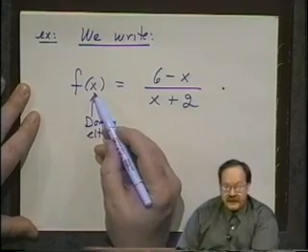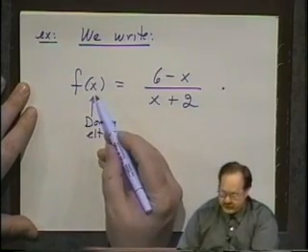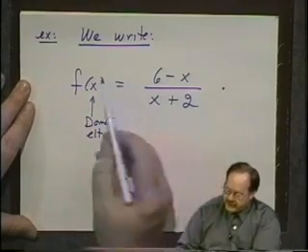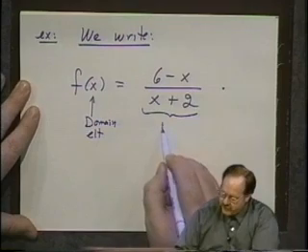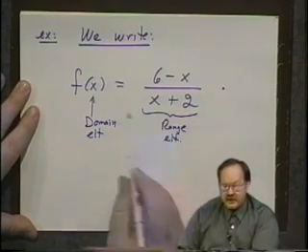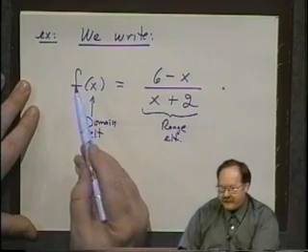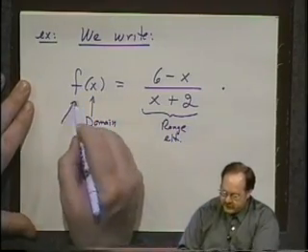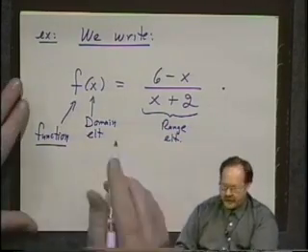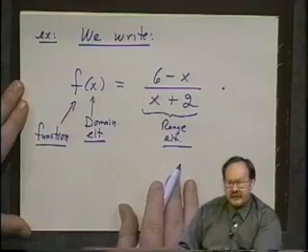The argument, the independent variable, all the same words, all the same object, different words. What is coming out here, of course, this is the range element. Or if you like, the image of x under f. And f, of course, is the function. So we have the function, the domain element, and the range element.